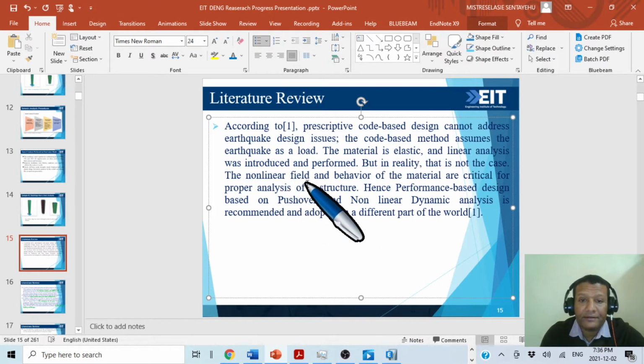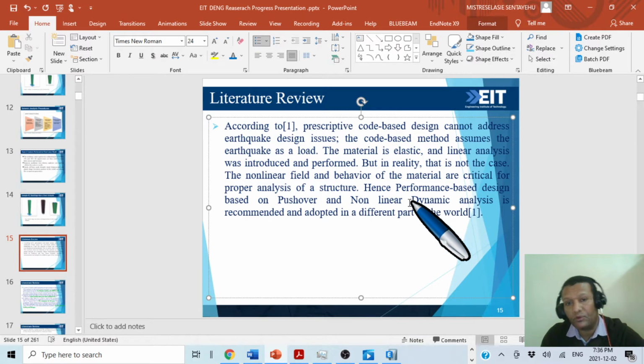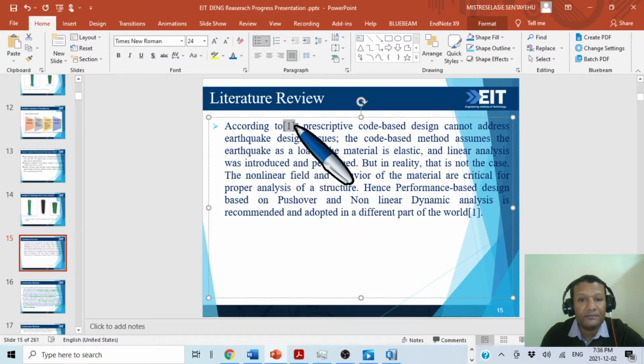The nonlinear yielding and behavior of the material are critical for proper analysis of a structure. Hence, performance-based design based on pushover and nonlinear dynamic analysis is recommended and adopted in different parts of the world. So as per this researcher, he also demonstrated that code-based design and linear analysis cannot address the earthquake design issues. This is the first point.